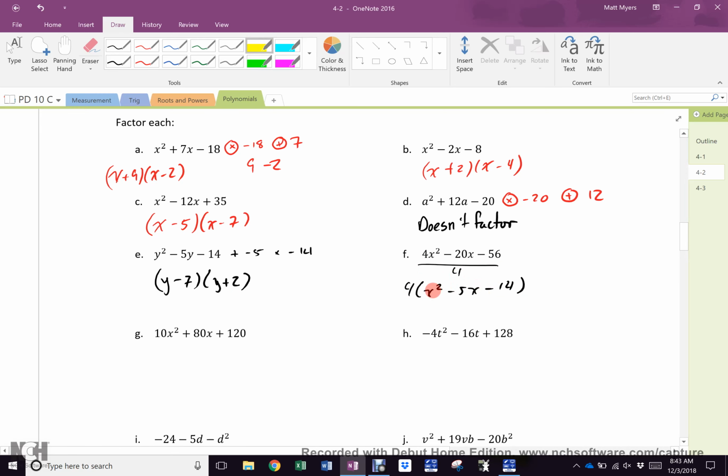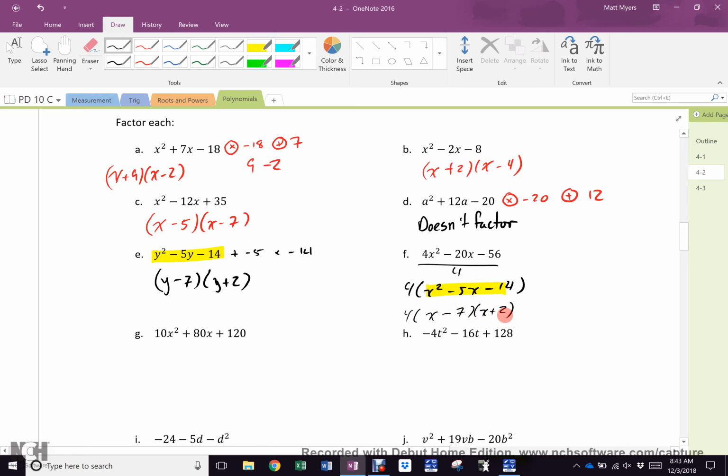Now, that is just that, isn't it? Yeah. So, would we stop factoring? No. We check this, and we know that it's x minus 7, x plus 2.